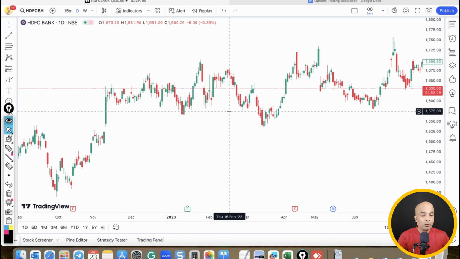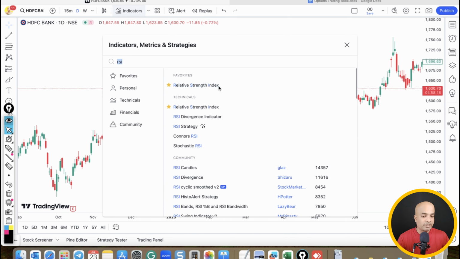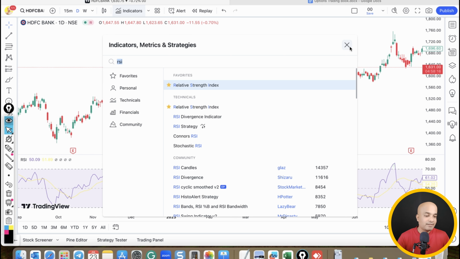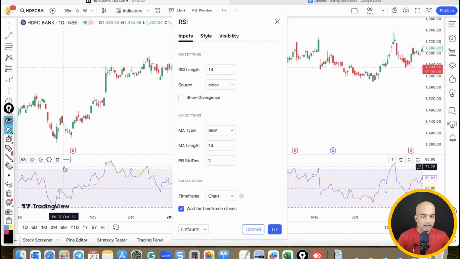Now we will see two indicators to identify a trend. The number one indicator according to me is RSI. When you plot RSI on TradingView, we get different types of settings. I don't recommend these settings, I'm not a fan of them.